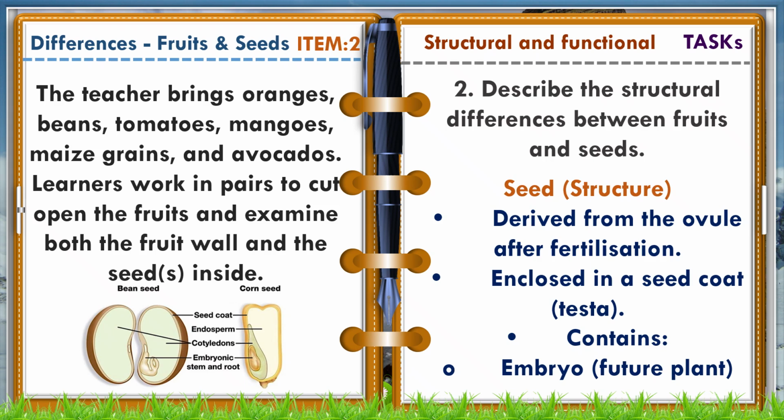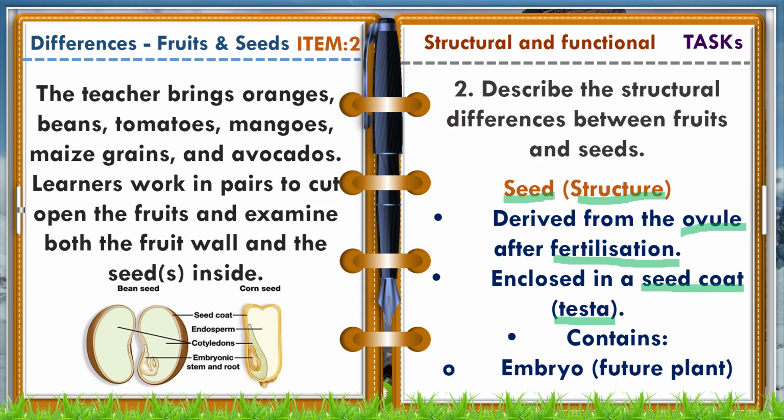It is now the seed. We are looking at the structure of the seed. The seed is derived from the ovule after fertilization. It is enclosed in a seed coat, what we call the testa.